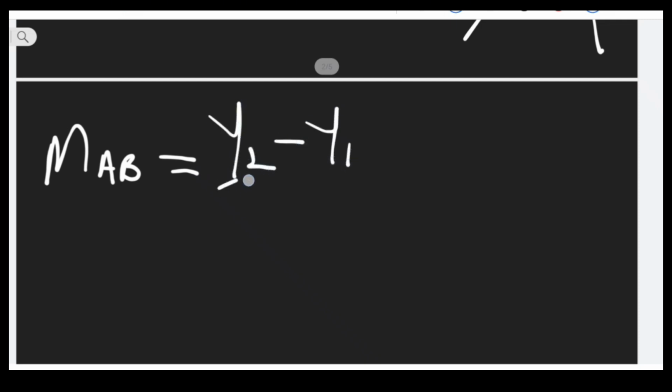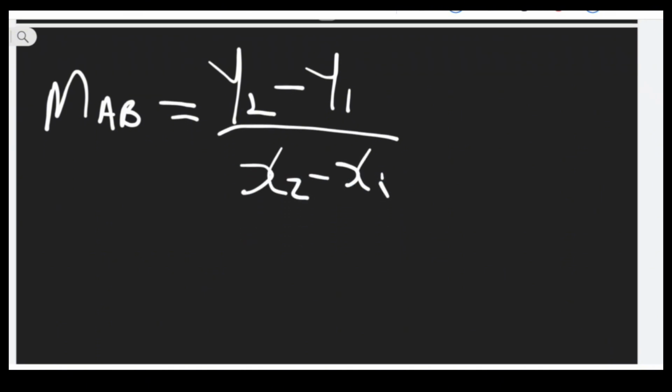So the gradient formula, m of AB, gradient is represented by m. It's given as (y2 minus y1) over (x2 minus x1). That's our gradient formula. And there are crucial things that you have to know in finding gradients.